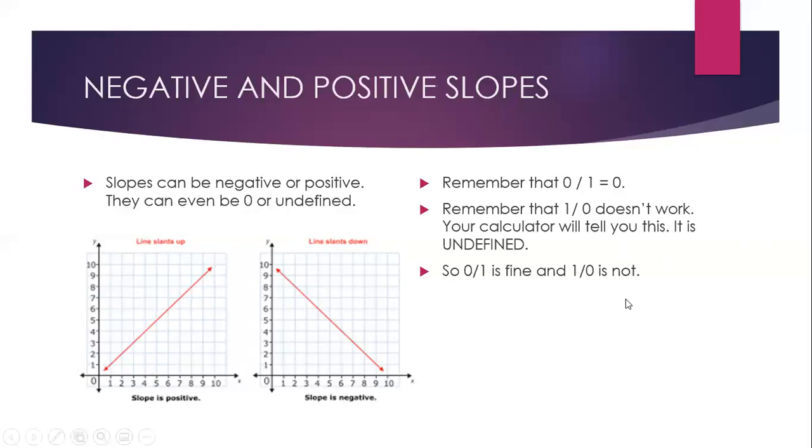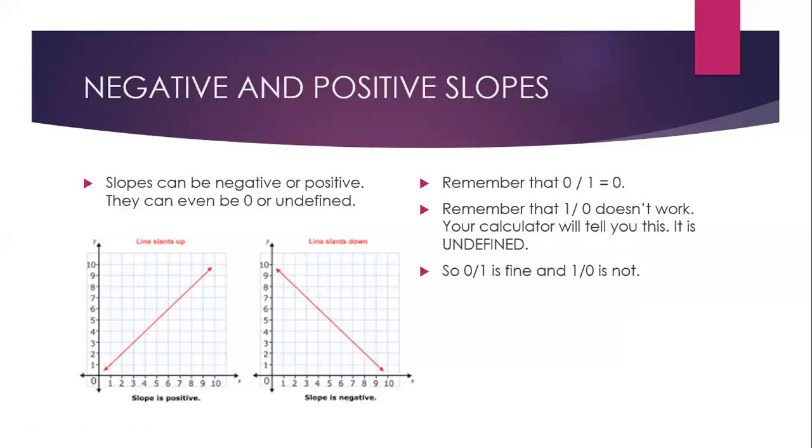Let's remember something about the zero stuff. If I take 0 divided by 1 and I plug it in, my calculator will tell me that it's equal to 0. If I take 1 divided by 0, it won't do it. It just won't. You can try putting it in 1,000 times. You can go get someone else's calculator. You can go around the world and get every calculator from every single person you meet, and it will not do it.